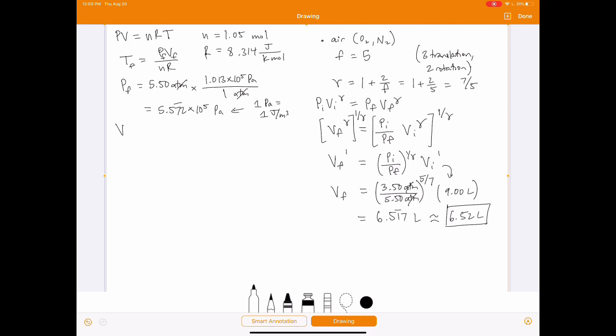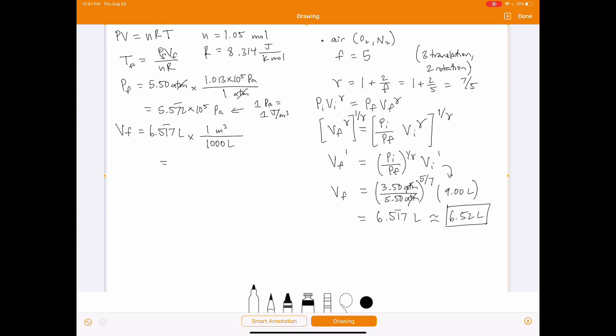Okay, what about our final volume? This is the one we just calculated. We found it was 6.517 liters. And we want to get this in cubic meters to have all the units be SI units. So 1 cubic meter is equivalent to 1,000 liters.